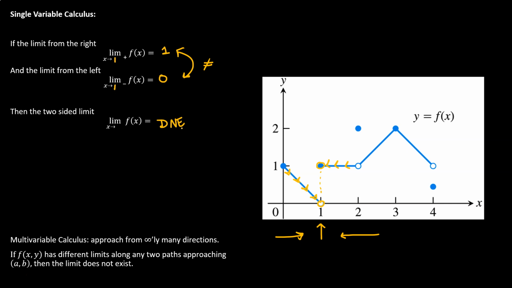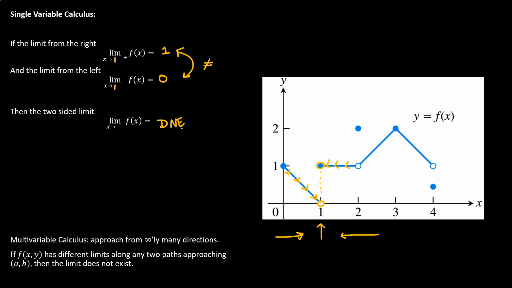But in multivariable calculus, we're working with functions that have at least two independent variables. And approaching a point in a plane, you can travel in any path you want. You can swirl around it, you can zigzag there, you can go straight to it, which means there's infinitely many directions that you can come from. We're not just coming from the left or coming from the right.